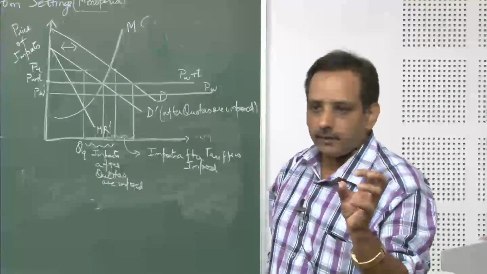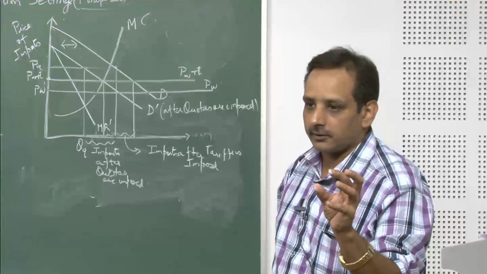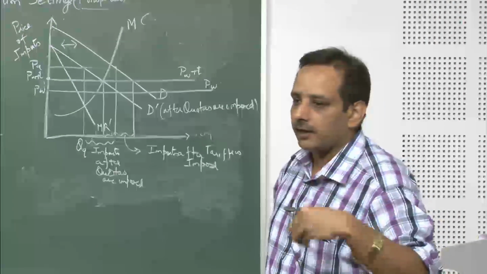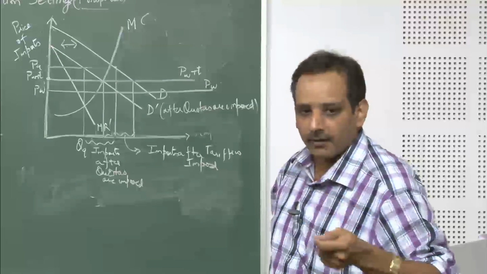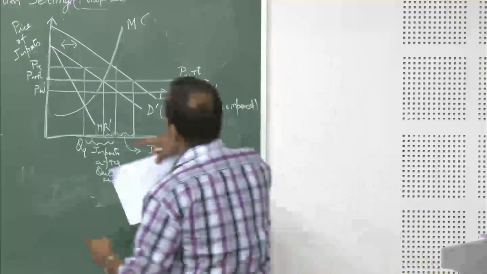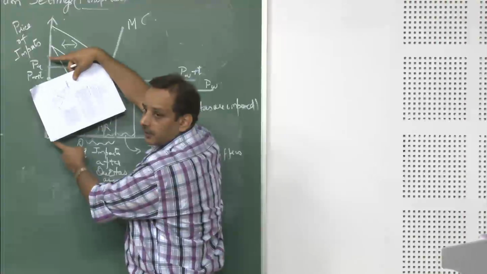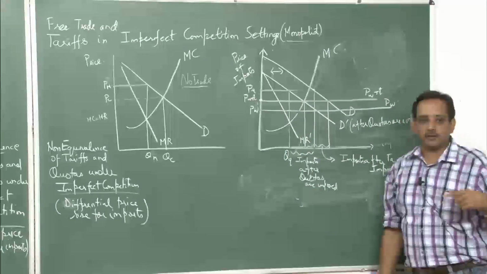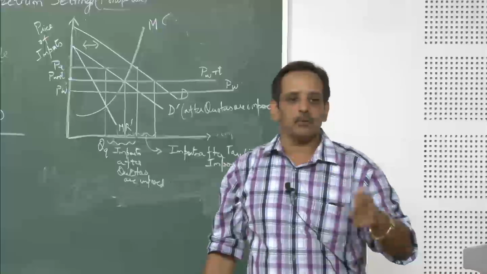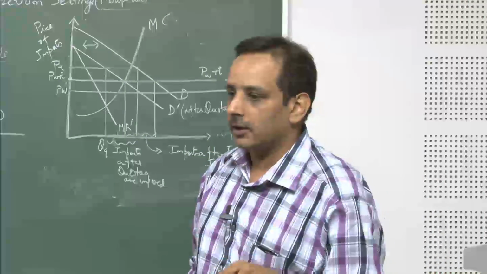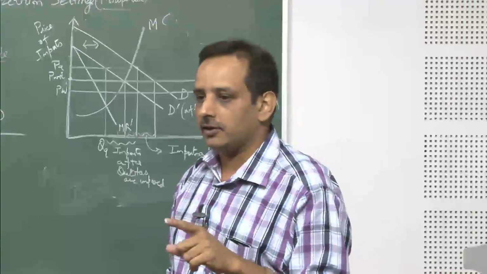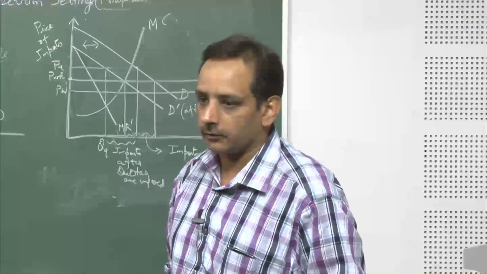Now if there are very few sellers of cheese in the US, and if the government goes ahead and imposes quotas, he would like to have it, because then he can charge a higher price, much greater than the case when the government imposes tariffs. So he would lobby to have quotas under a regime where you have imperfect competition.